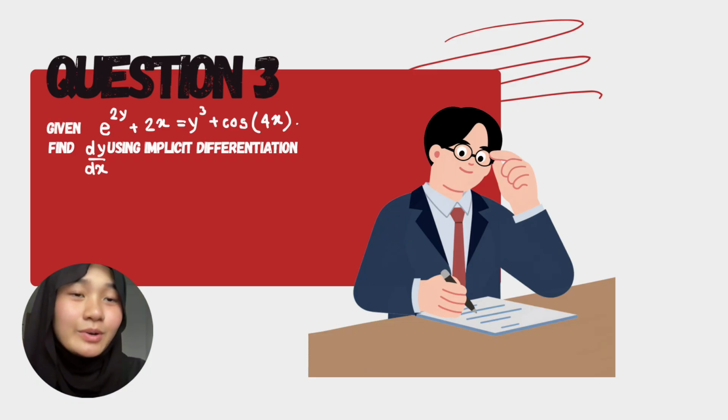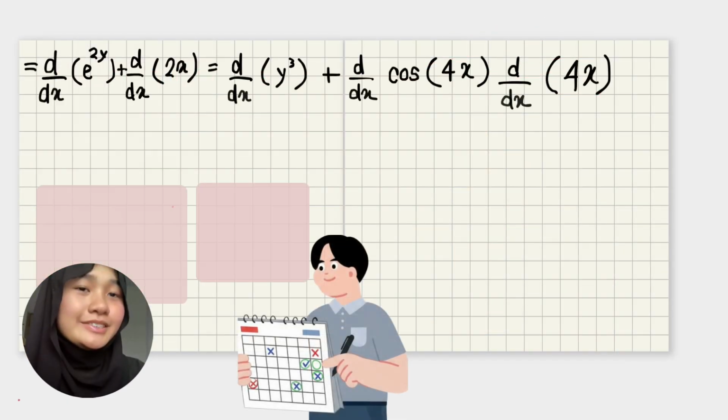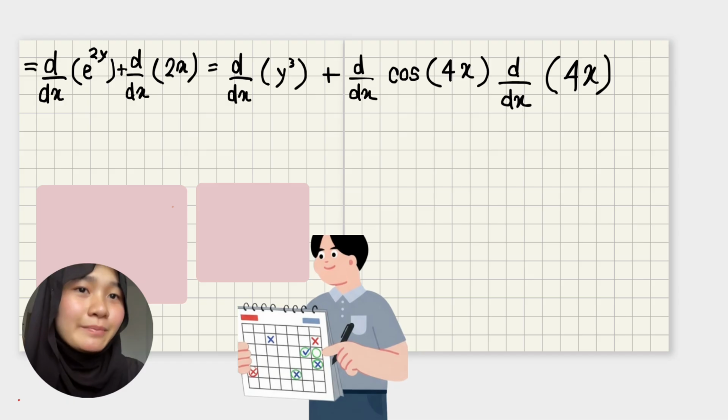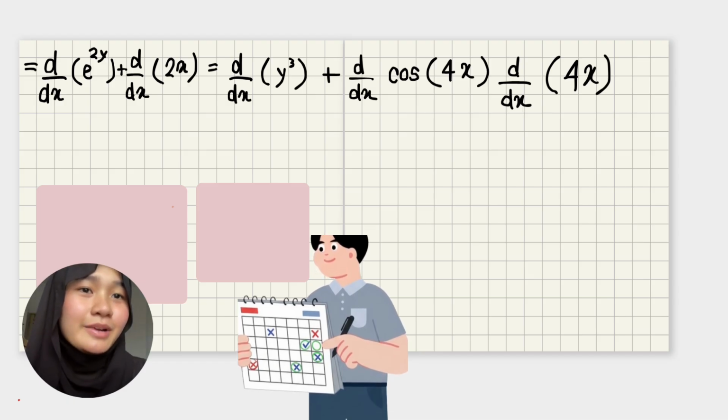Now, let us move to question 3. Given exponent to the power of 2y plus 2x equals y to the power of 3 plus cos(4x). Find dy over dx using implicit differentiation. The first step we need to do is differentiate each one of them. d over dx of exponential to the power of 2y plus d over dx of 2x equals d over dx of y to the power of 3 plus d over dx of cos(4x).